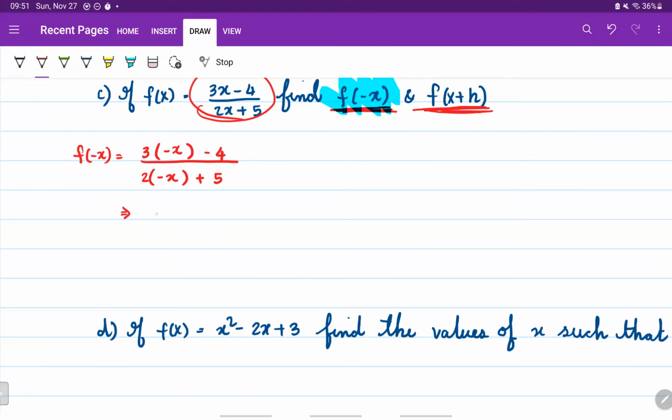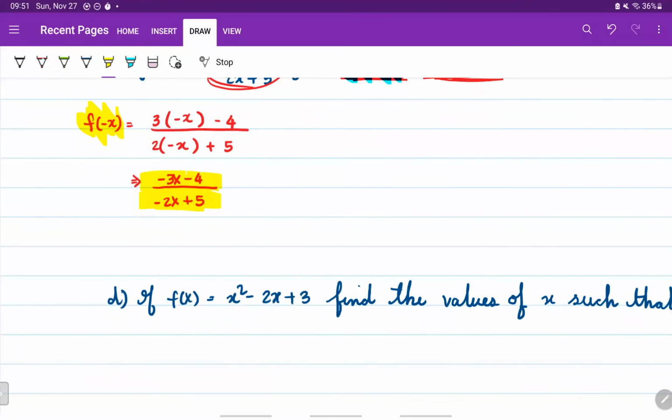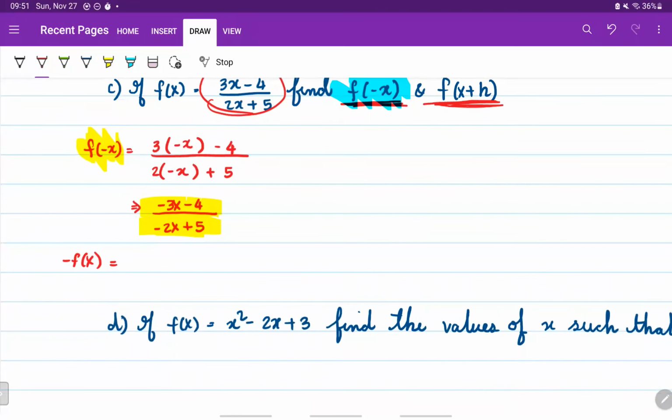So it's negative 3x minus 4 divided by negative 2x plus 5. This is f of negative x. Just to compare, let us also do negative f of x to see that it's not the same thing. Negative f of x just means you have a negative, and the whole of f of x, which is 3x minus 4 divided by 2x plus 5.